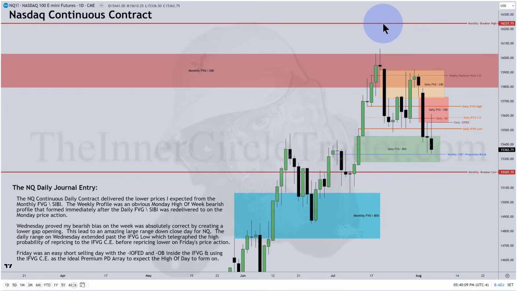Same aspect that's being shown here. If we have this SIBI from this candle's low and this candle's high, and we have this one big candle trade down like that, do we really want to see it trade above the daily inversion fair value gap high? No, we don't want to see that. Just like we wouldn't want to see it trade on the monthly bearish breaker high.